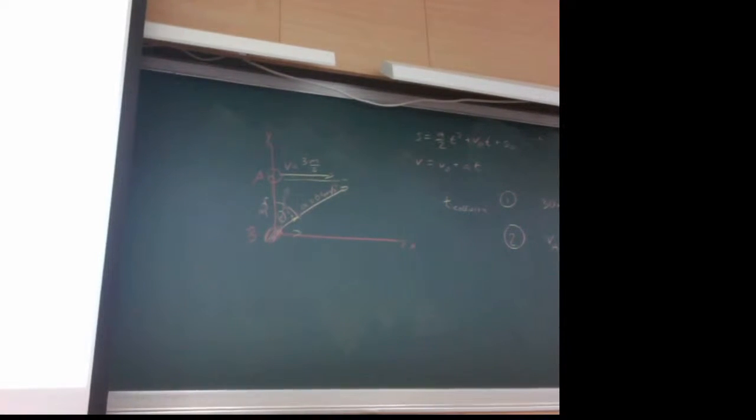Times 60 meters over A_y times cosine. This is squared. I was saying this one is 30 meters.